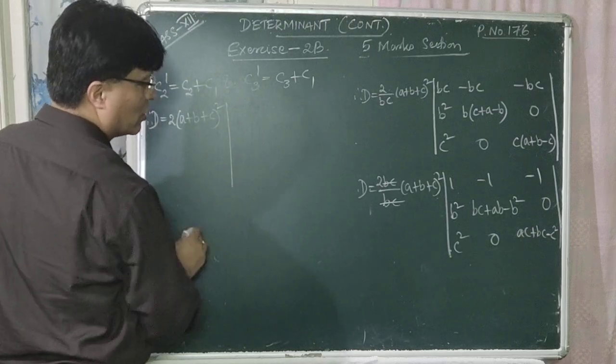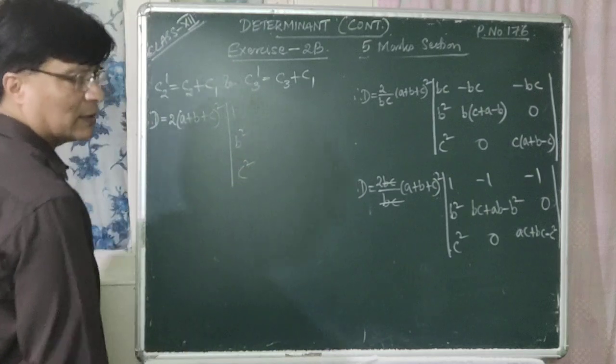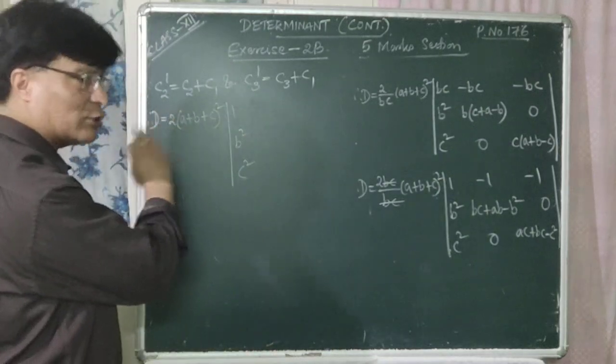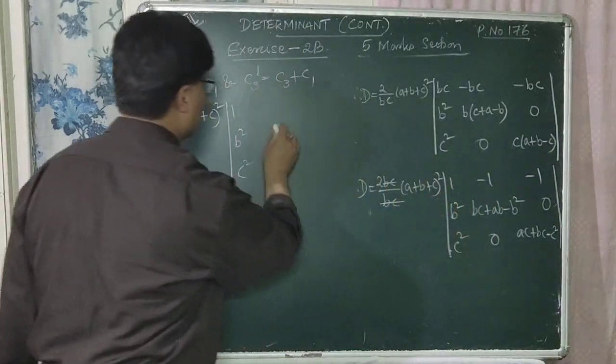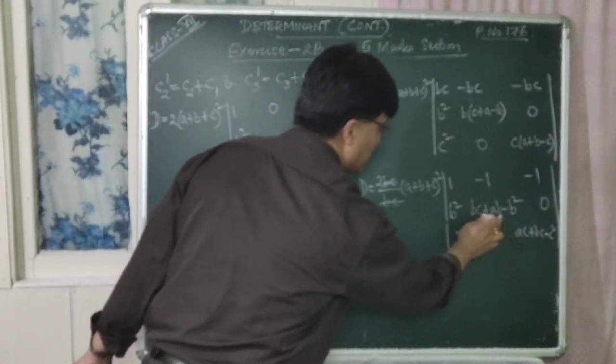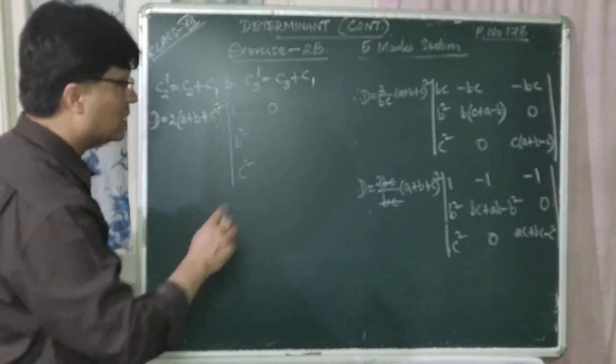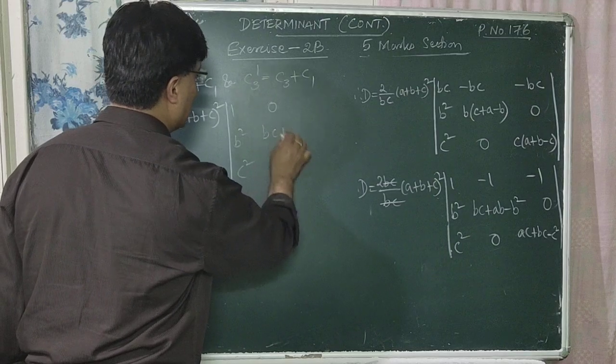So now the first column remains the same, 1, b square, c square. Now, what is C2 dash? C2 plus C1, minus 1 plus 1 is always 0. This plus this, BC plus AB minus b square plus b square will be cancelled, and you can write BC plus AB.